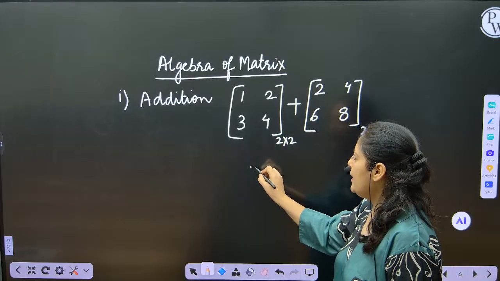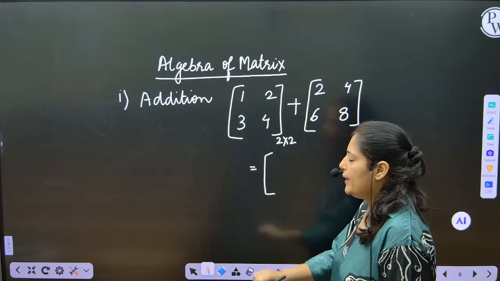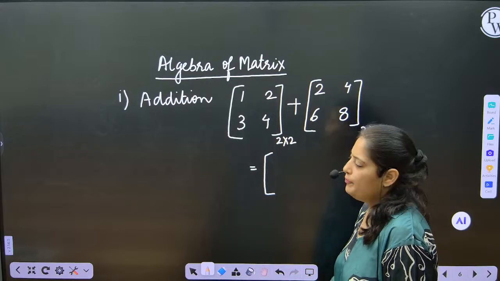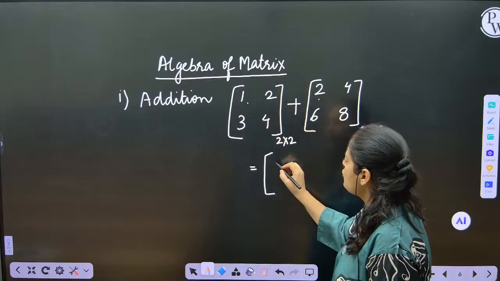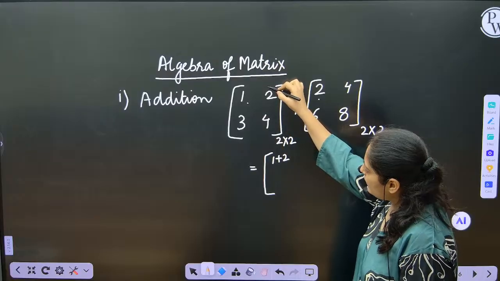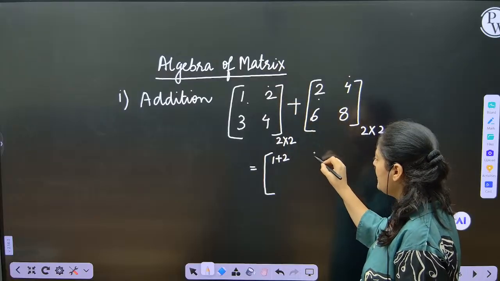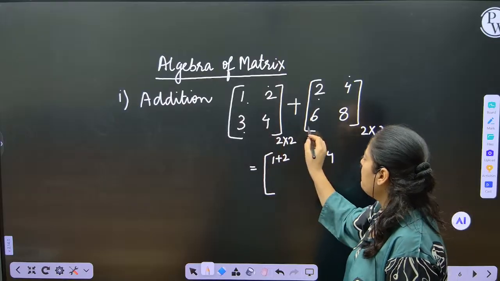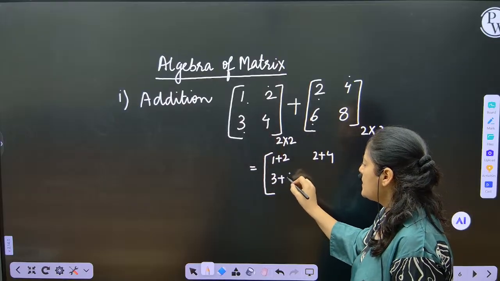Now we'll add only the corresponding elements. Corresponding elements we have to add. 1 plus 2. Now this 2 and 4 are at the same position. 2 plus 4. 3 plus 6.